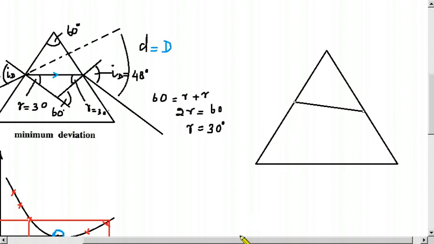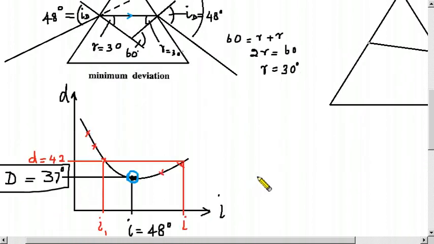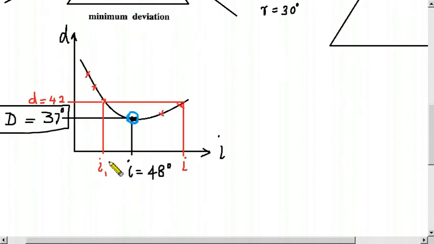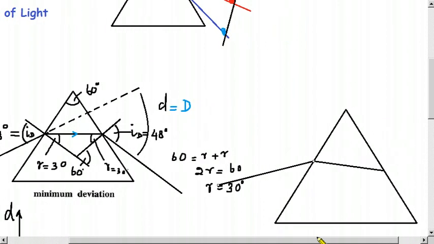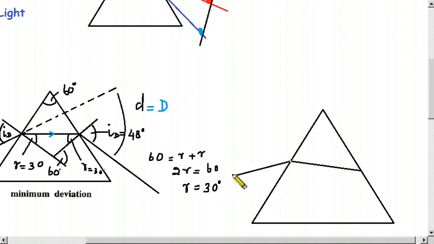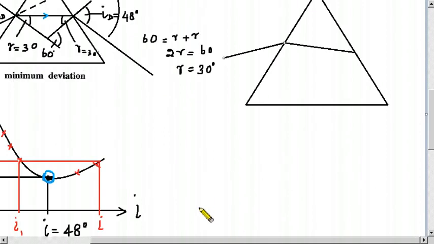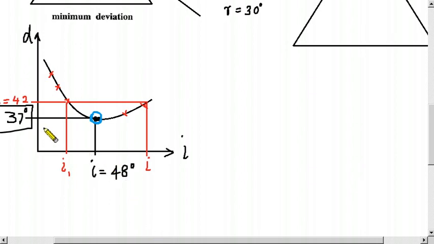If it were symmetrical it should be like this, but I draw like this with a bigger deviation angle at the first point. So I have to take the incident angle something less than 48, because according to this graph I am drawing this red color one. If it were the capital D value, it would have to be 48, but now we are drawing this red color, so it is less than that.